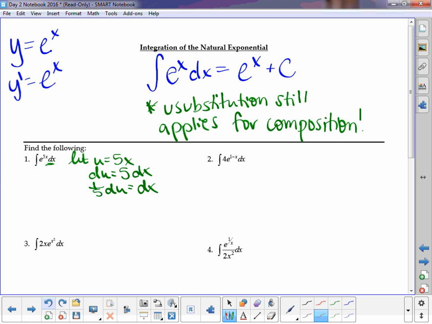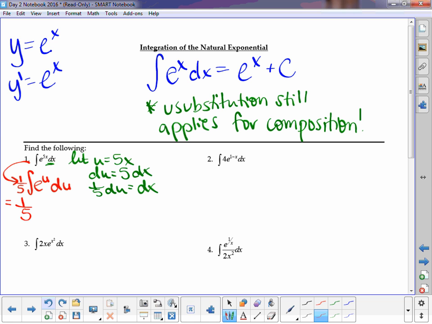So now when I go ahead and change this, we have the integral. This becomes e to the u, and dx is 1/5 du. Just go ahead and bring that 1/5 out. Alright, so now our 1/5 just hangs out in front.